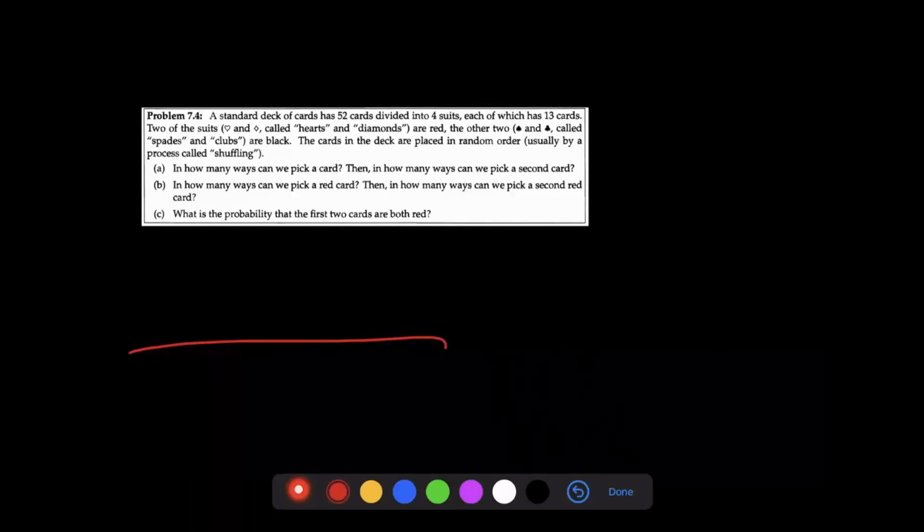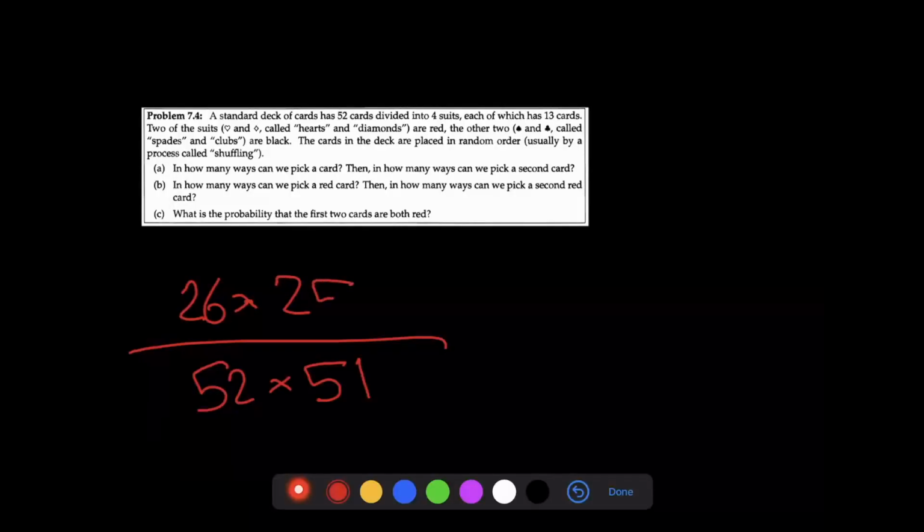For the total number of possibilities, there are 52 ways to pick the first card and 51 ways to pick the second card. So there's 52 times 51. For the number of successful outcomes, there is 26 times 25, because that's the way you pick the first red card, and that's the way you pick the second.